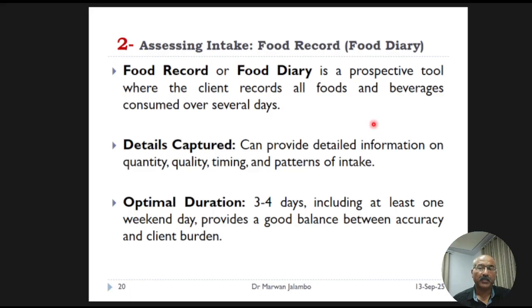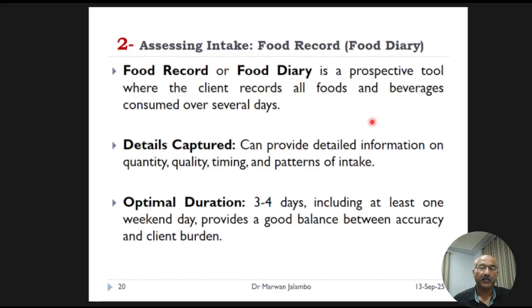To get a truly representative picture of a person's typical diet while minimizing the burden on the client, studies suggest that recording of 3 to 4 days, including at least 1 weekend day, is optimal.